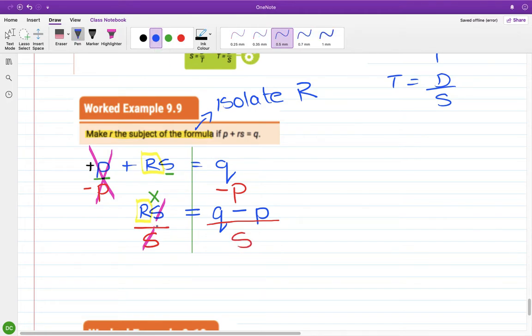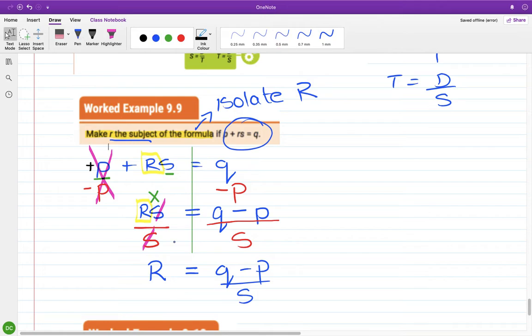So now the S's are gone, I've got the r left, and over here I have Q minus P over S. So I have manipulated, or rearranged, the given equation, making r the subject, or isolating r.